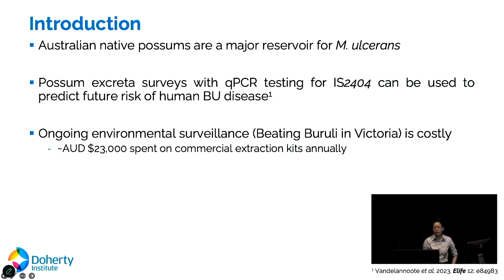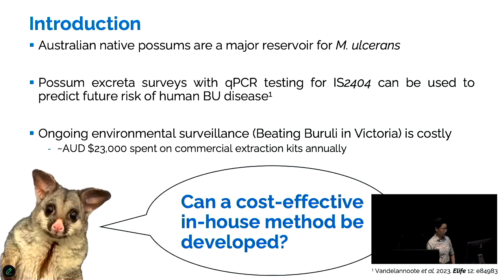And this ongoing surveillance is costly. Essentially, in the last year, approximately $23,000 has been spent on just commercial kits to do testing of possum scat. So that led us to question, can a cost-effective in-house method be developed to deal with all of these samples?